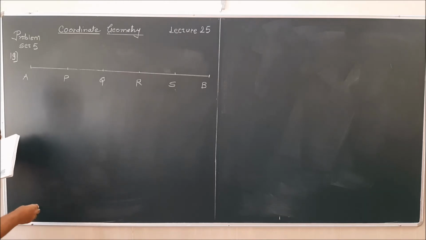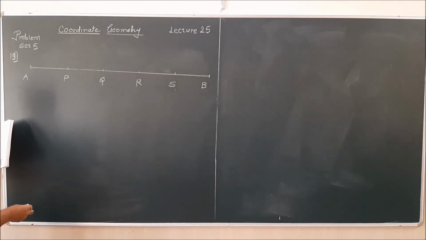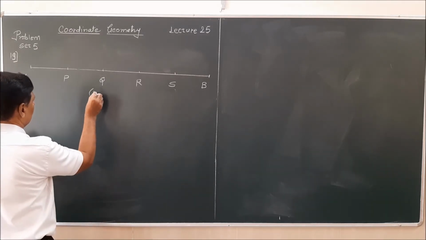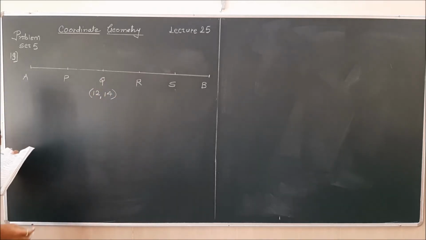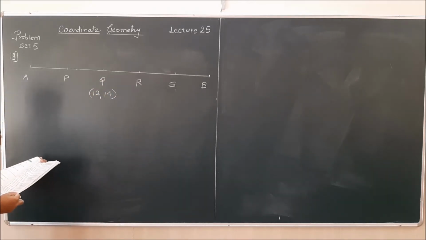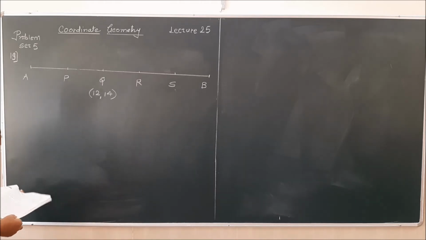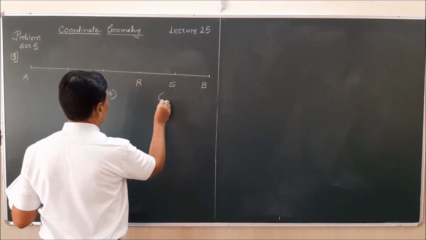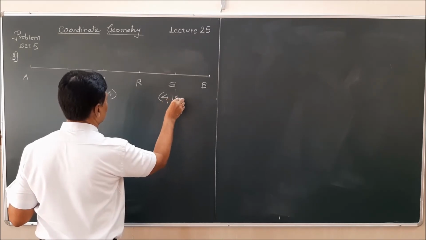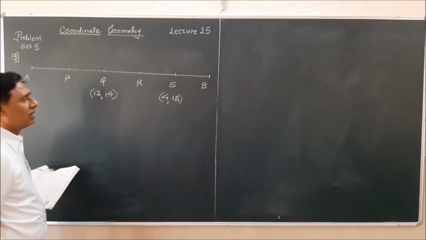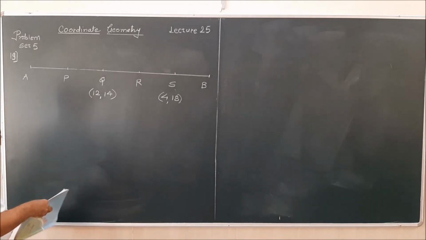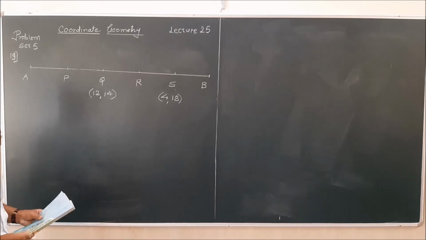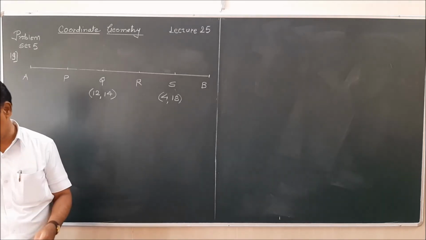And if Q has coordinates 12, 14, and S has coordinates 4, 18, the question is to find out the coordinates of all these points A, P, R and B. That is what we have to find out.